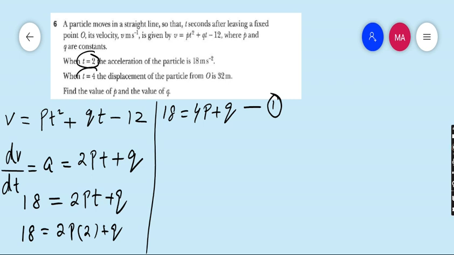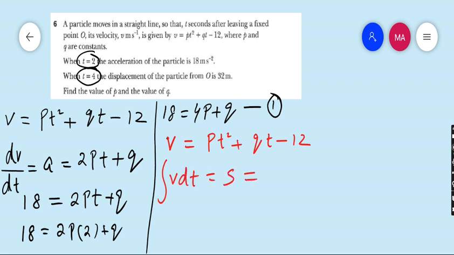Now see the second line of the question. When t is equal to 4, the displacement of the particle from O is 32 meters. We have the velocity v equals pt squared plus qt minus 12. If we integrate velocity with respect to time, we will get displacement.